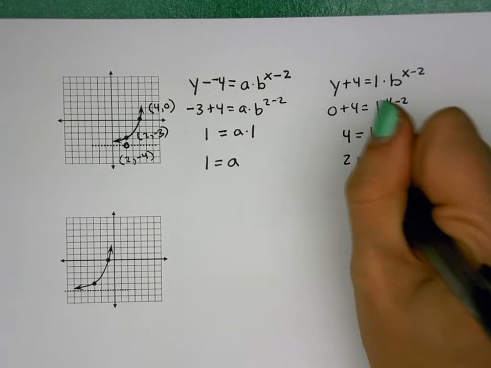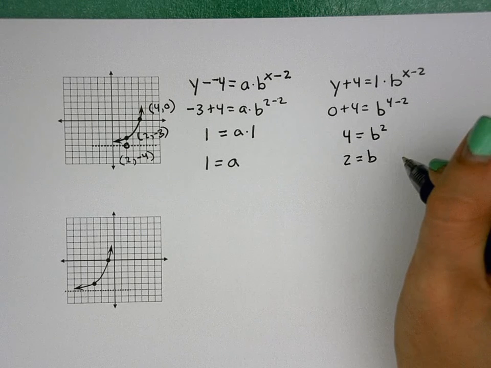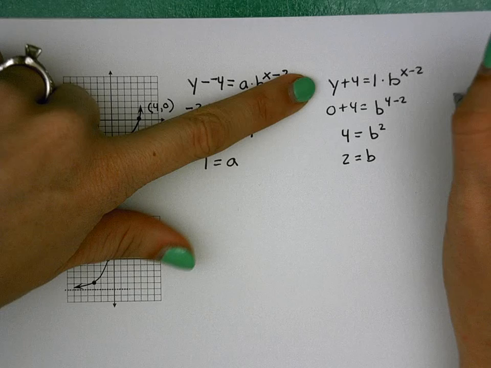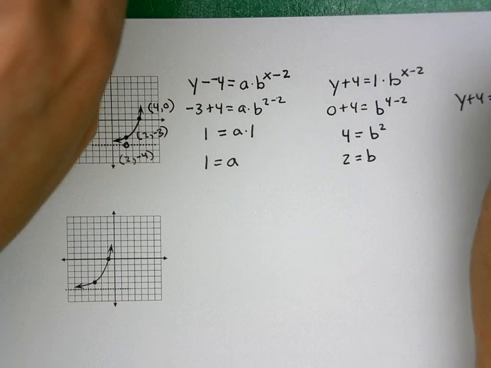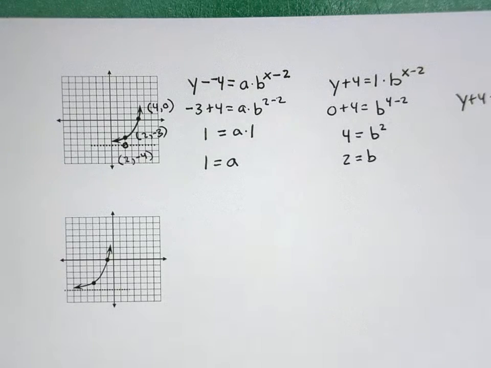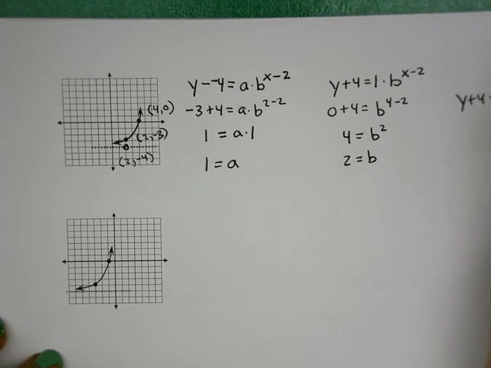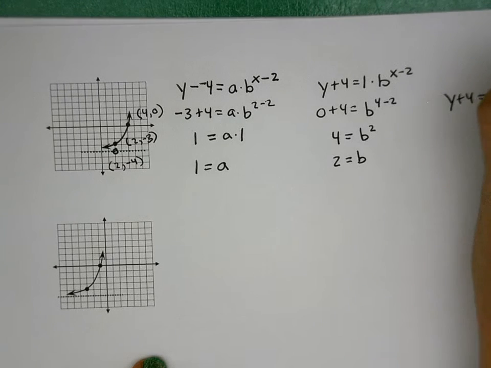That would be 2. Okay? And so we've got our equation. Y plus 4 equals either 1 times or just, oh, it's not b anymore. Sorry, we just solved for b. So either 1 times or just 2, because that's what b is, to the x minus 2.